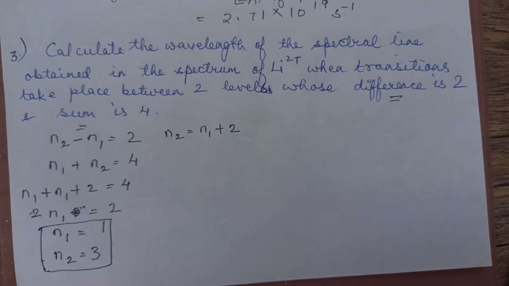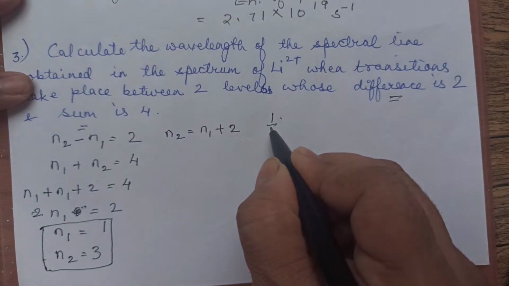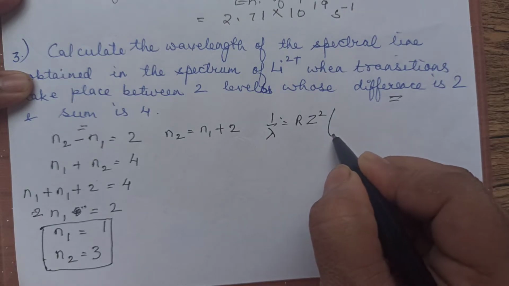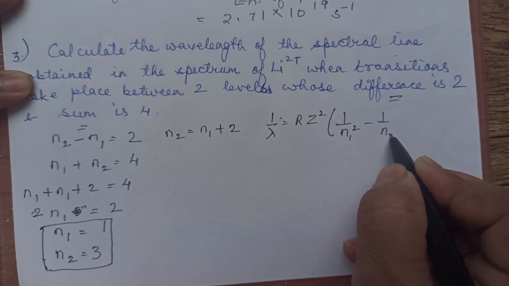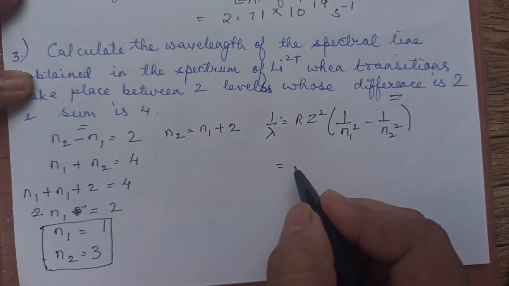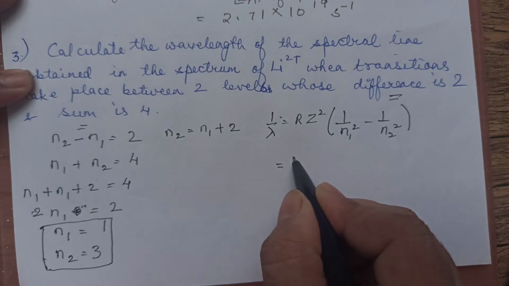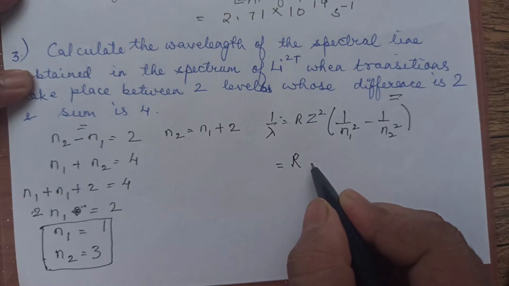Now I have to put in Rydberg's equation. What is Rydberg's equation? You have 1 by lambda is R into Z square into 1 by N1 square minus 1 by N2 square. Now I will put this R value, or you can use R later as 1 by R. I am taking this as R only as of now, and then I know what the Z value for this is, 3.